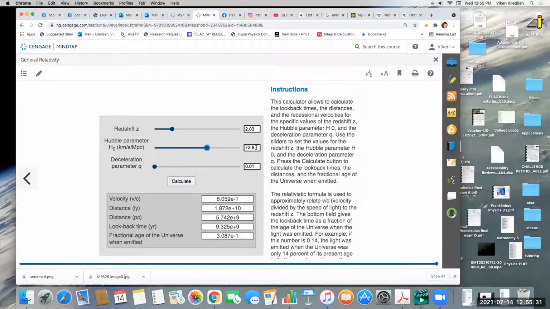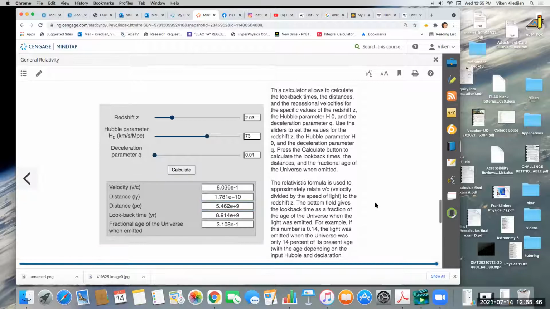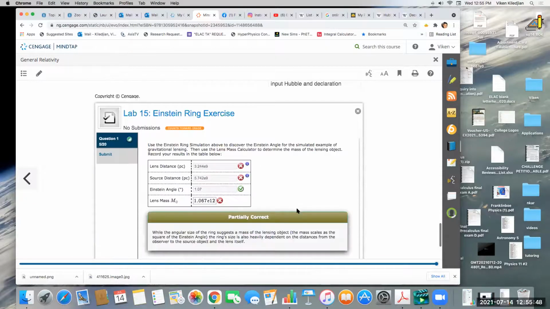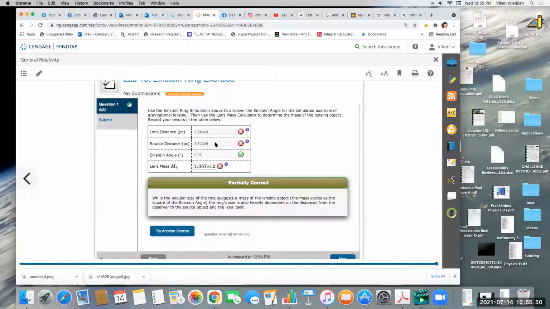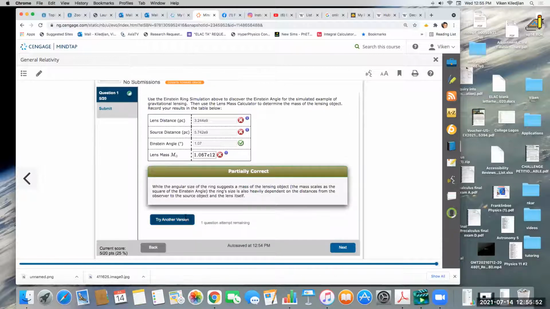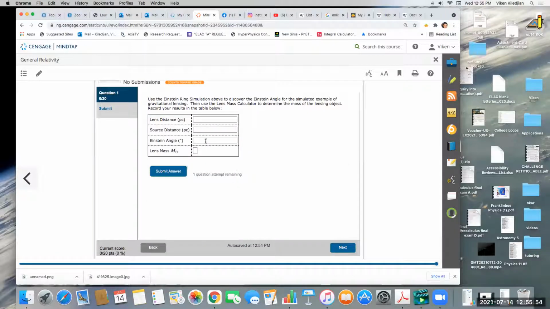Let's say 73. Then that changes that distance. Does it change it? Calculate? Oh, it does change it. The distance is 5.462. Try another. Oh, you got to put them all in.